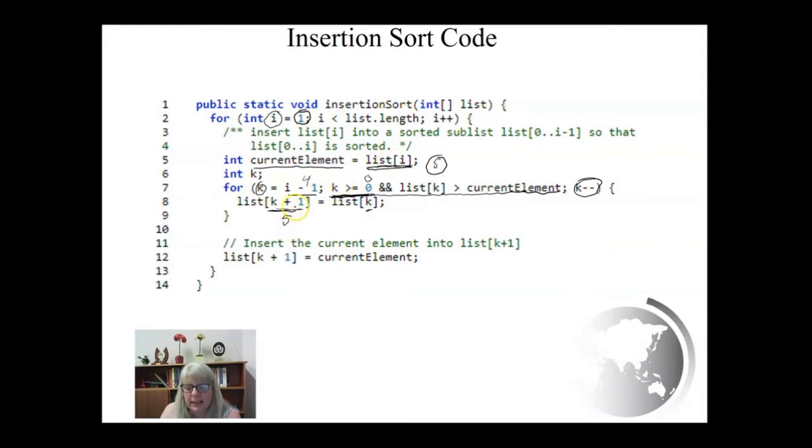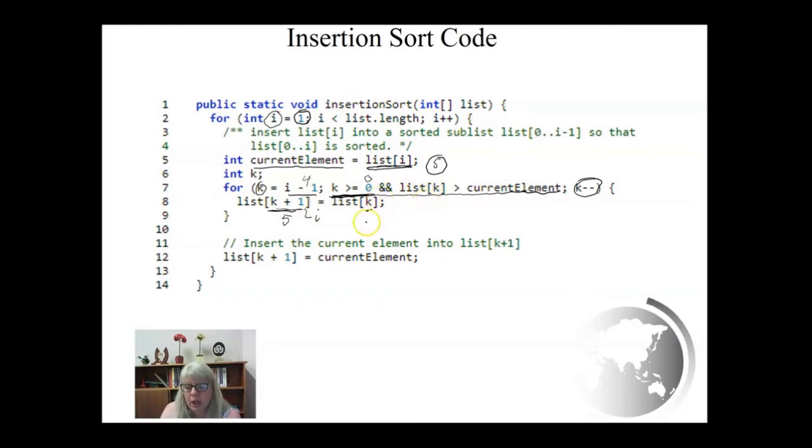Since K starts at I minus 1, K plus 1 is equal to I the moment it starts, but only for the first iteration, of course. So it replaces that element's position with its neighbor. That is why I made all the elements step forward, so that there's space for it. And this will continue until one of these conditions is true.